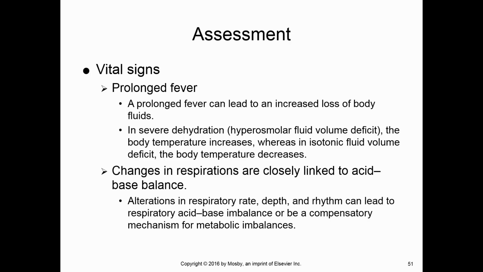Our respiratory rate, depending on what kind of acid-base imbalance we have, we might see a respiratory problem if it's a respiratory acidosis or alkalosis. But if we're compensating for a metabolic problem, then we'll either see a fast rate or a slow rate.